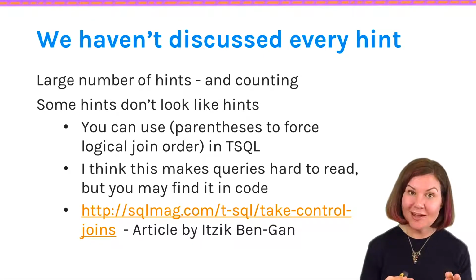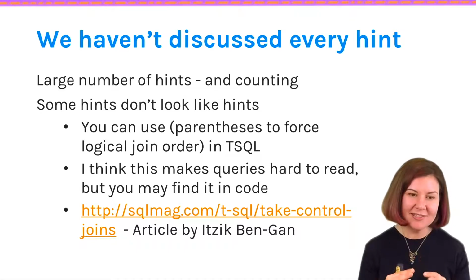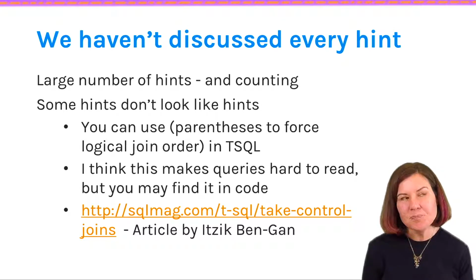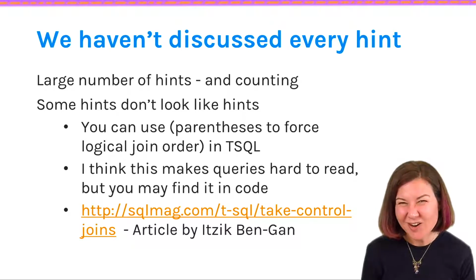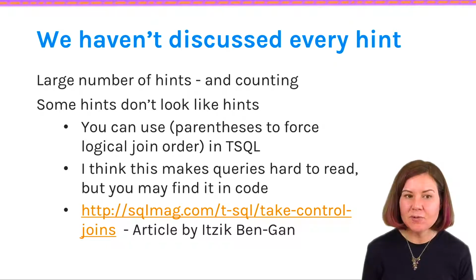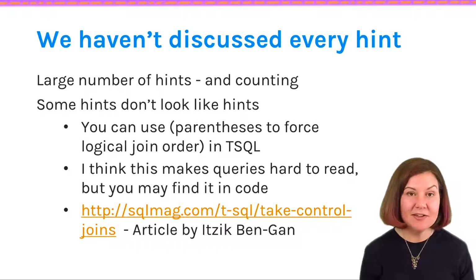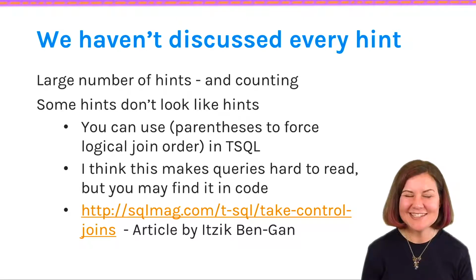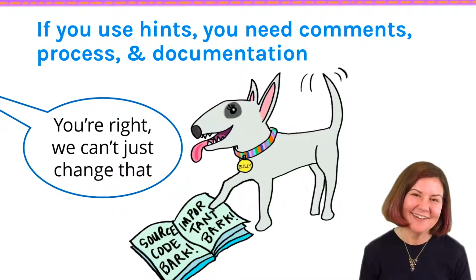So if you have existing code where you think this is happening, check out the article on SQLmag.com where Itzik Ben-Gan discusses these and gives examples. I actually think it makes your queries really hard to interpret, so I would prefer not to use those, but if you have them in place, it helps to do some research and understand what you're working with, because it is a weird little thing.